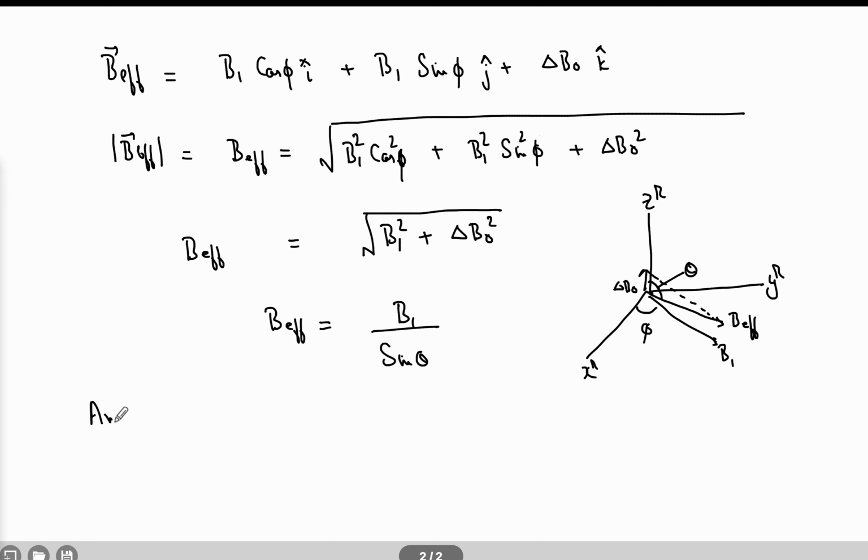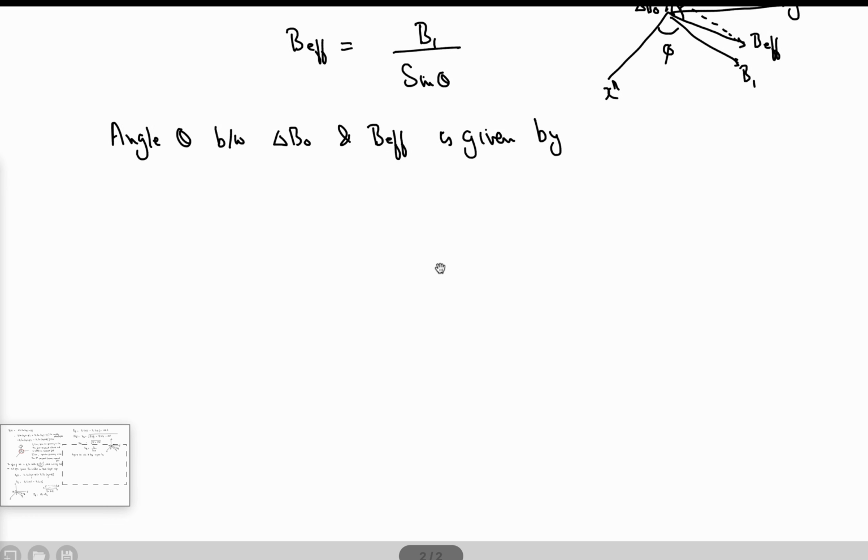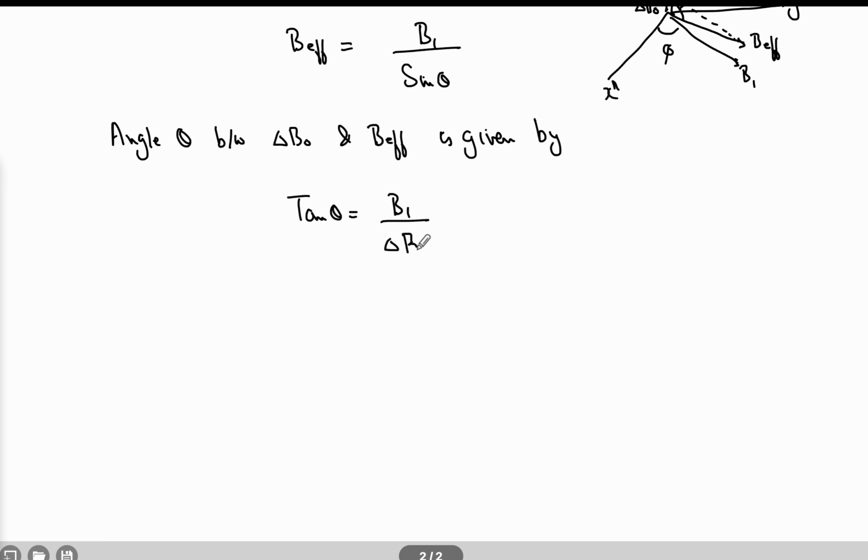So angle theta between delta B naught and B effective is given by tan theta equals B1 upon delta B naught. Again, this is very simple to realize.